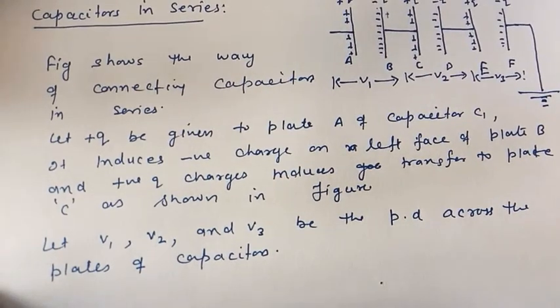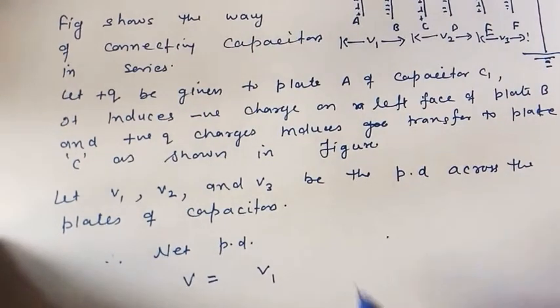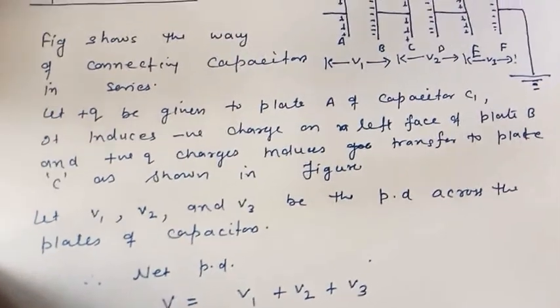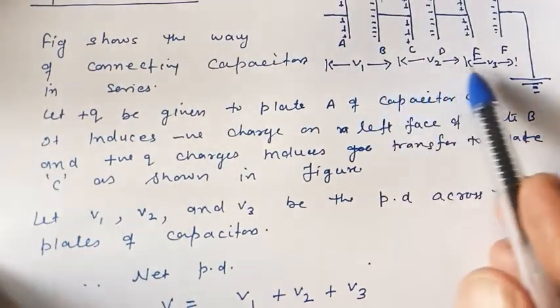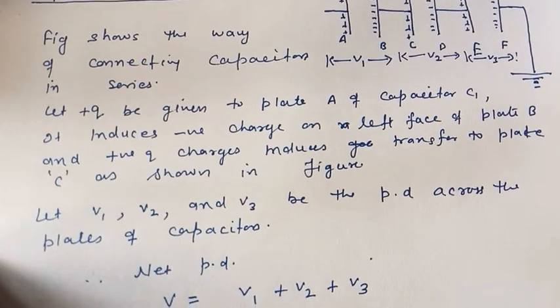So the total potential difference will be V equal to V1 plus V2 plus V3, that is, the sum of all these potentials is the effective or net potential.